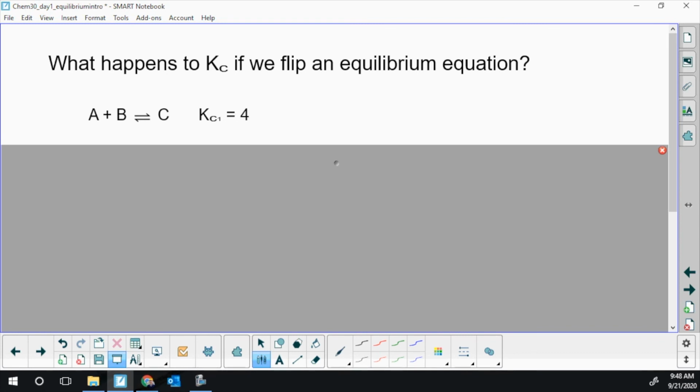So I'm going to start with a generic equation. Some A chemical plus B chemical is in equilibrium with C, and Kc1, this is going to be my first equation, so I added a 1 after my Kc, has a value of 4 units. So it's product favored.